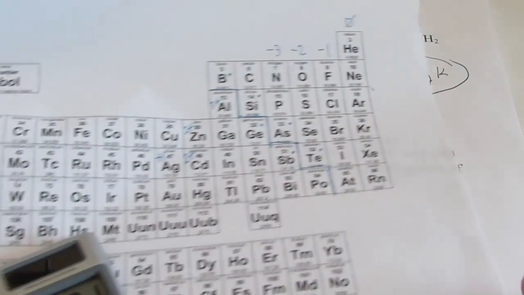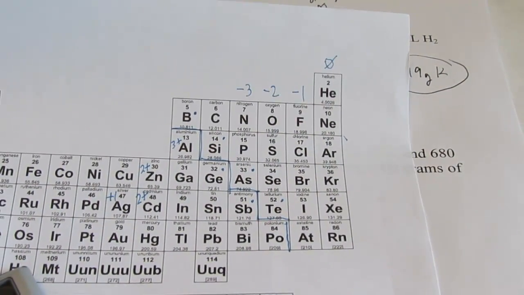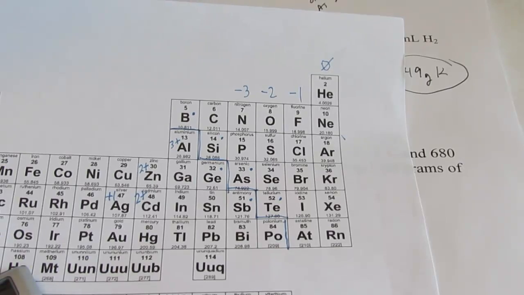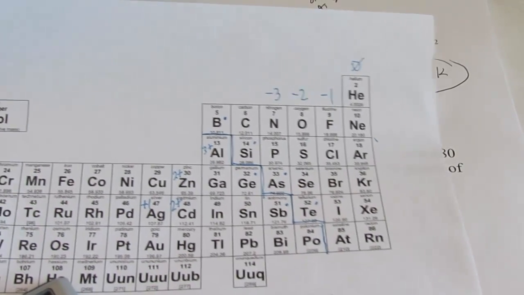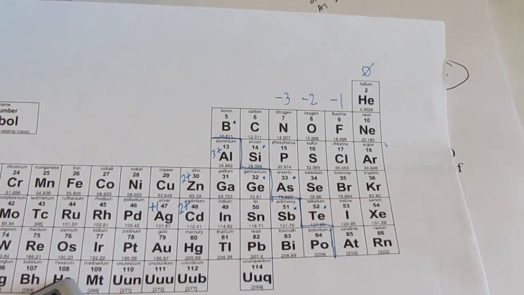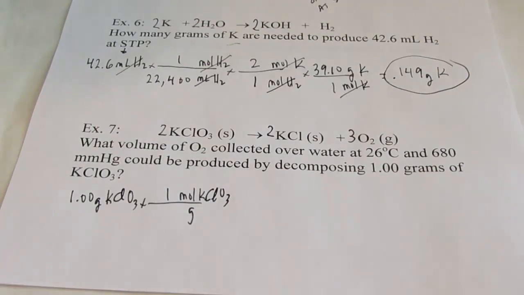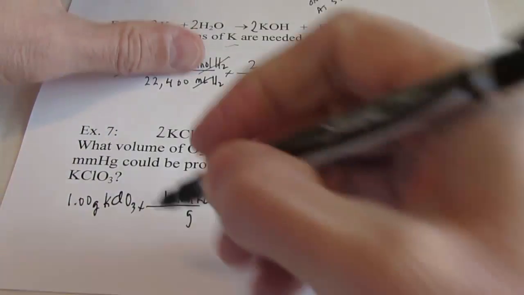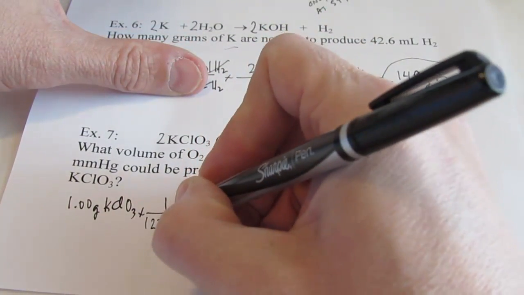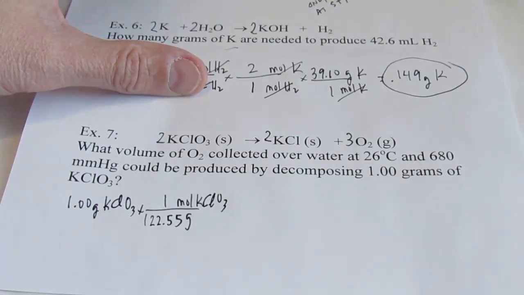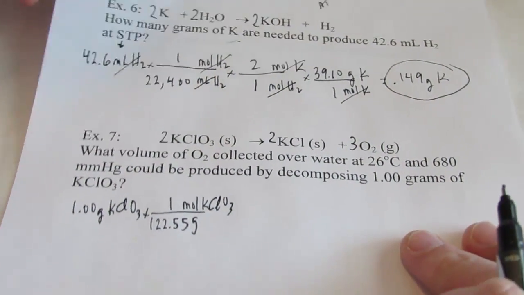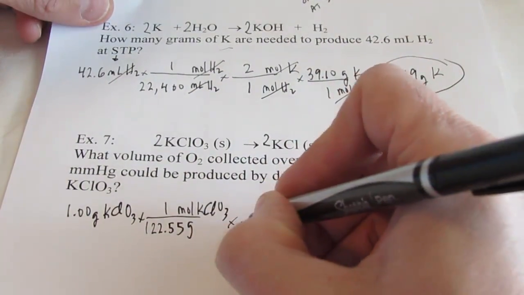We have one chlorine, which is 35.45. And we have 3 oxygens, and that would be 48.00. So that gives me a formula weight of 122.55 grams per mole. Please check my math. I would hate to make a mistake here, but I feel pretty confident about that.